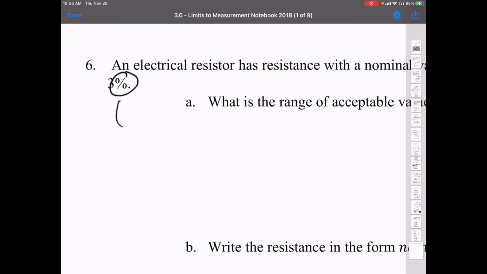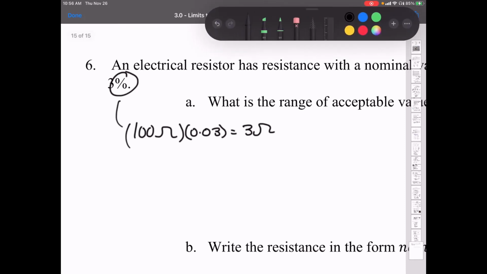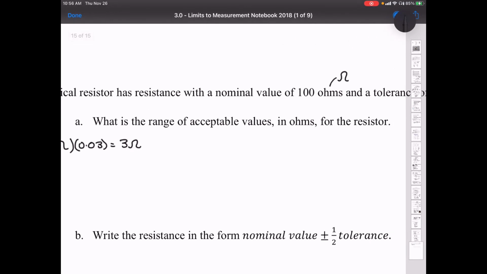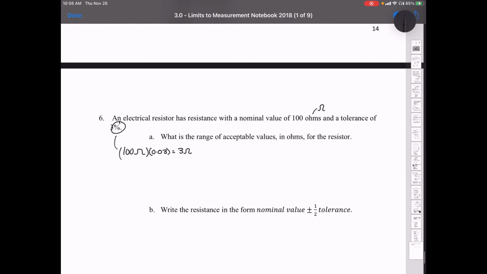So just to start with that, we would have to go 100 ohms times 0.03, or 3 ohms, as your tolerance.